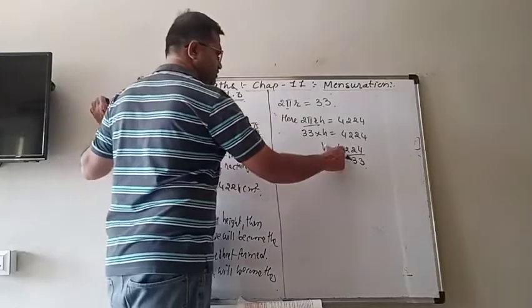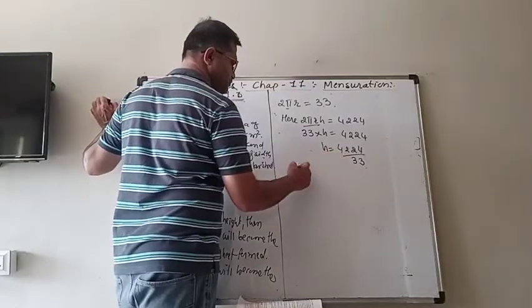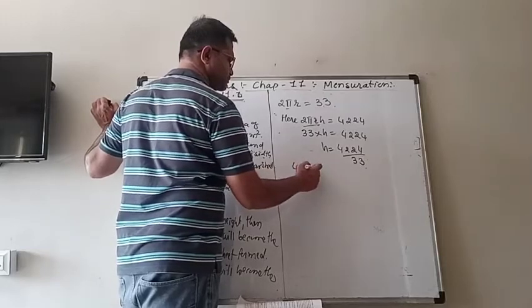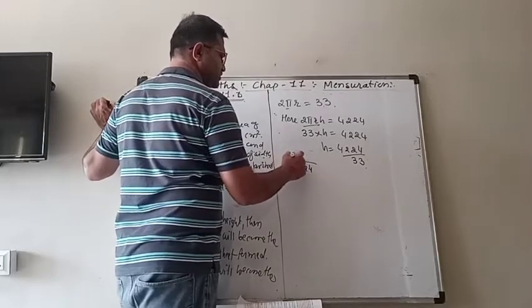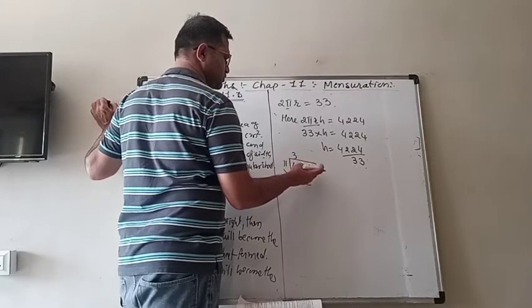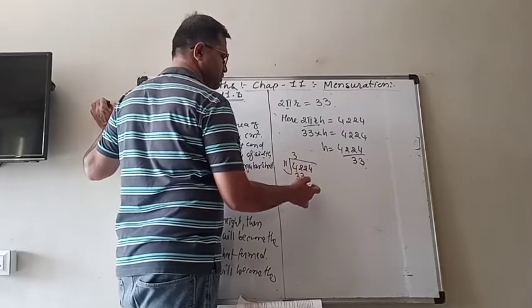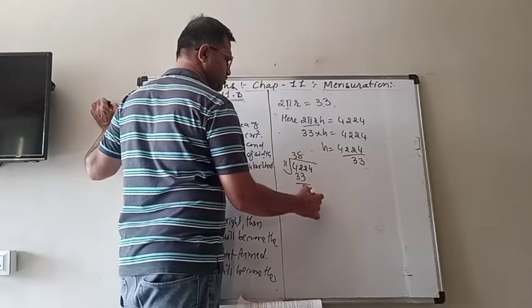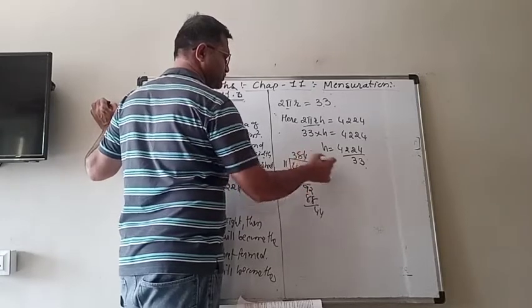We can divide it maybe with the 11, because 11 3s are 33, so we can try. 11 3s are 33, 11 8s are 88, and 11 4s are 44.